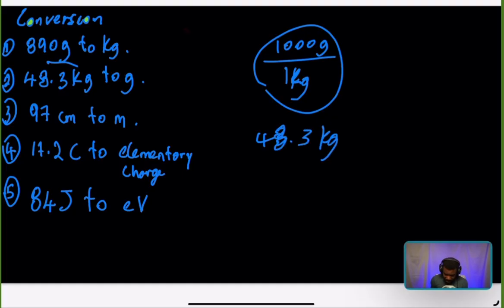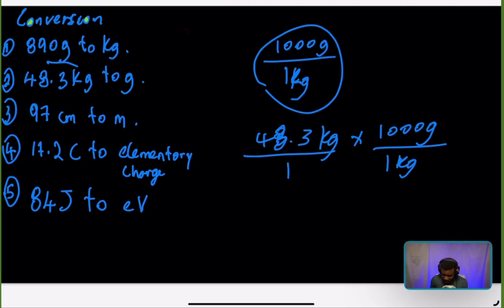So therefore, I'm going to have 48.3 kilograms multiplied by 1,000 grams divided by 1 kilogram. Remember, any number by itself should have a denominator of 1.